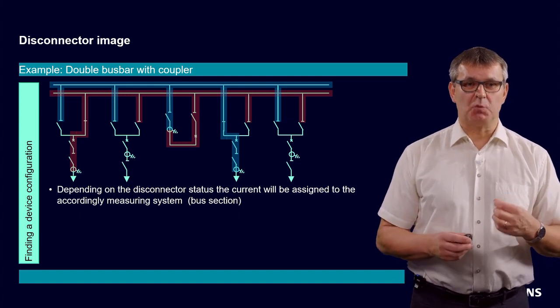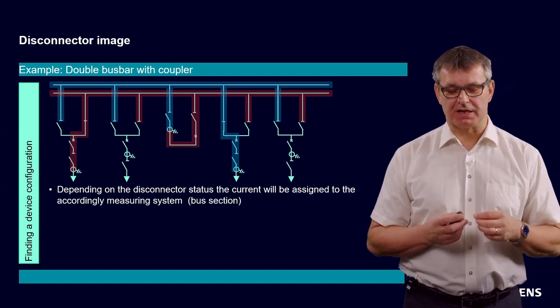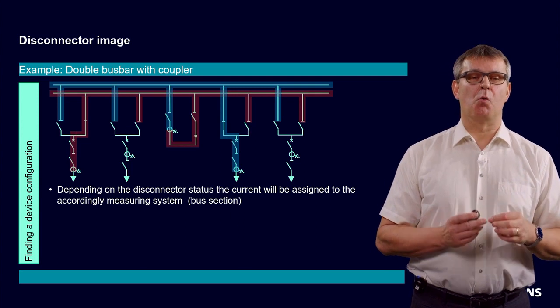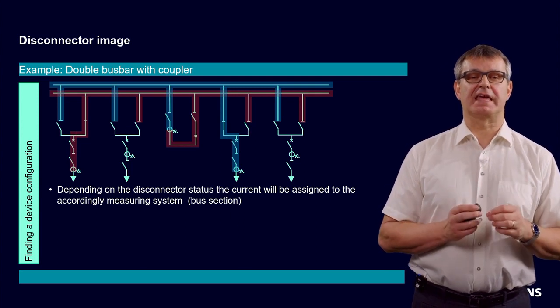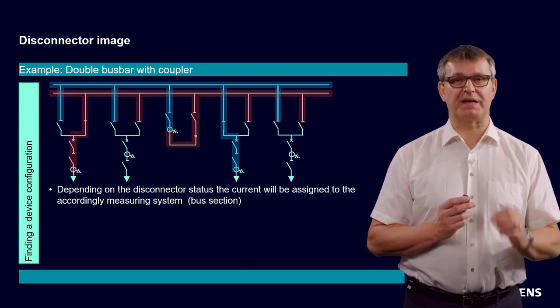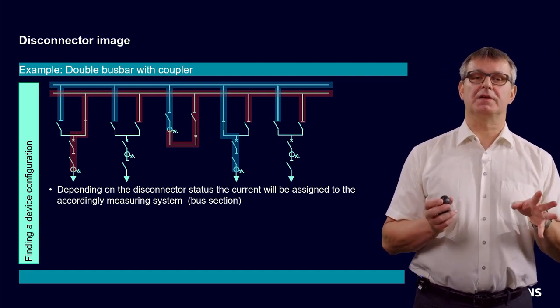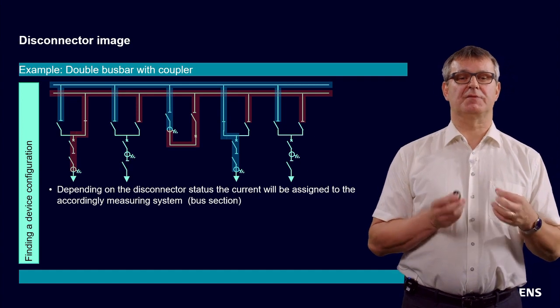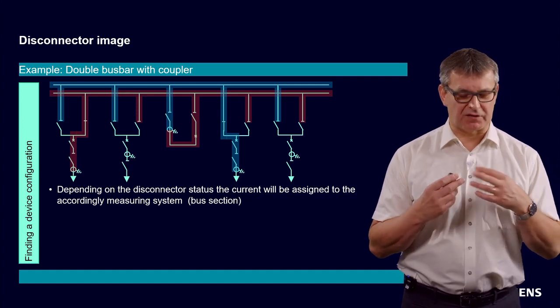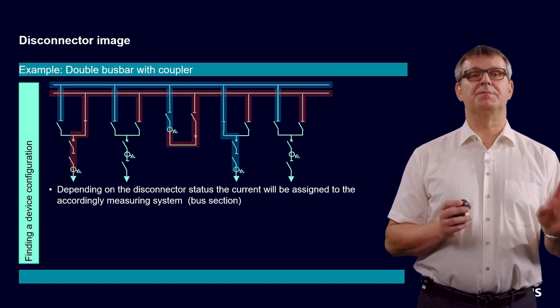This means we need a disconnector image every time a feeder current can be assigned to different bus zones, to different bus sections. So if you want to answer these questions, don't look if you have any couplers. Couplers don't matter.